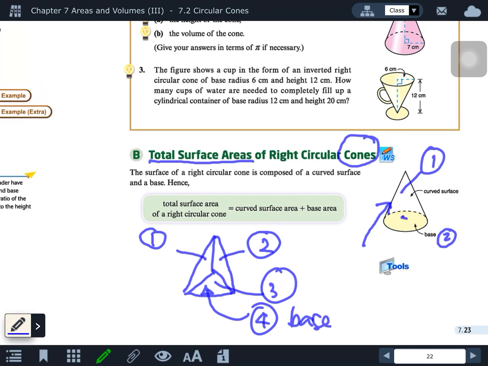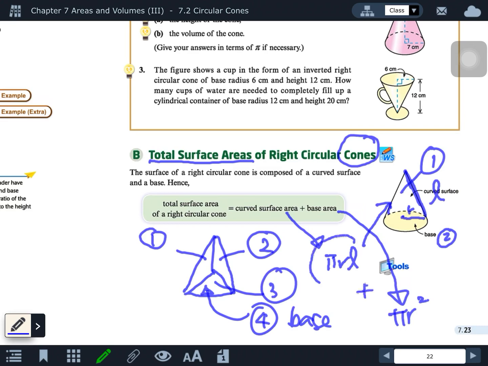For example, if we have a base with radius r, and the slant height is L, the curved surface area is pi r L. For sure, the base area is pi r squared. So the first thing we have to memorize is that the total surface area of the cone is pi r L plus pi r squared.